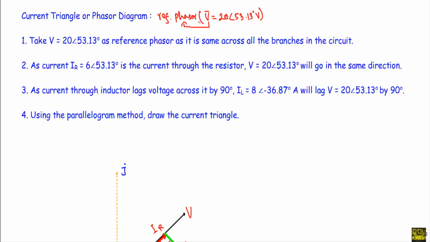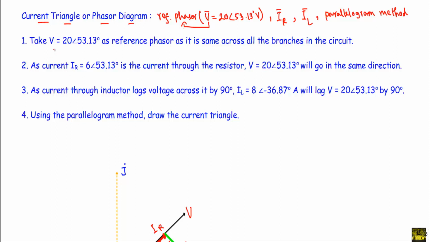Okay, after drawing the reference phasor voltage V, we will draw current phasor IR with respect to the reference phasor. Then we will draw current phasor IL with respect to the reference phasor V. Finally, we will use the parallelogram method to draw the phasor diagram and current triangle.